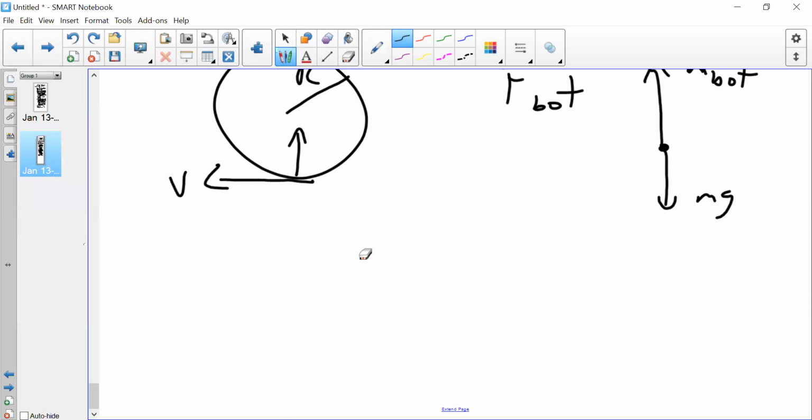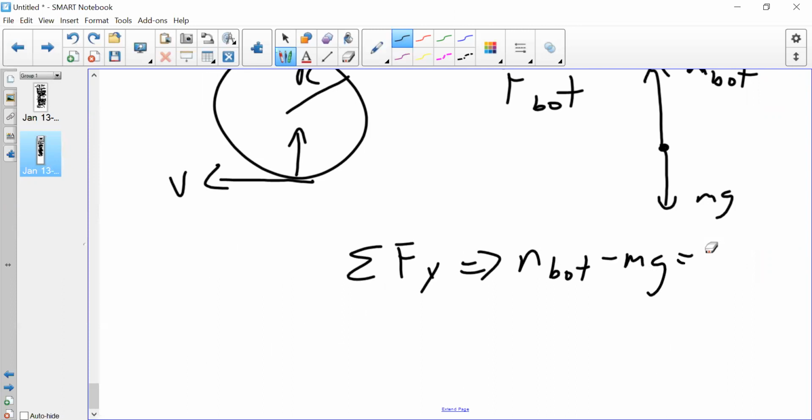So again, this is all y direction. Normal force at the bottom minus mg equals mv squared over r. And then we can solve for the normal force at the bottom, as we see in the problem there.